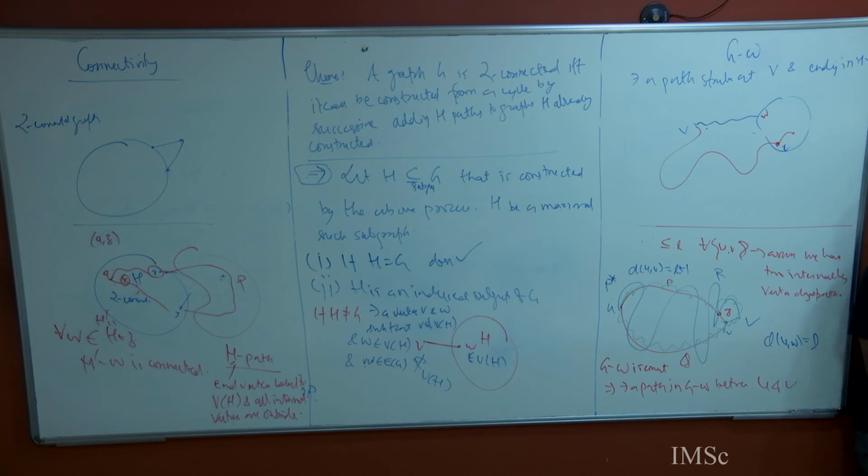Once I added V, look at all its neighbors. There's a trivial one edge path. The problem is that one edge path is not a path. So once a vertex goes inside, all V and all its neighbors can go inside.